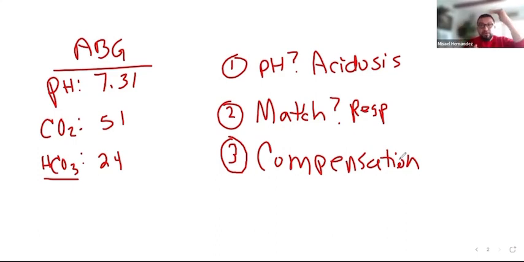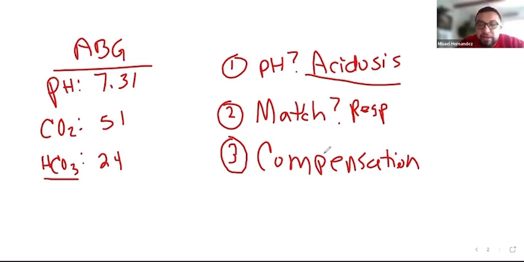But right now, the CO2 is high, 51. Even though the HCO3 is within its normal value, in comparison there's too much CO2. There's too much acid, and that creates a problem of acidosis and lowers the pH. The pH goes down. So make sure you know that also.